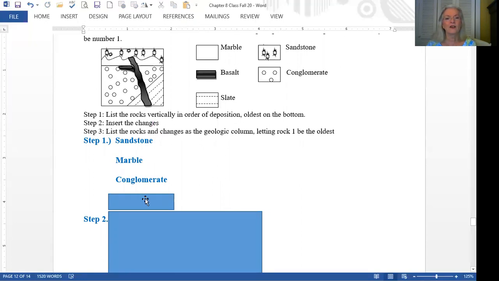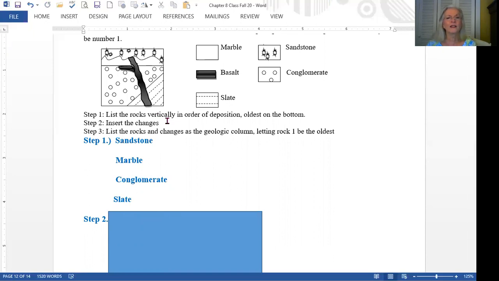The slate is our last rock layer. It is on the bottom. So we have our 1, 2, 3, 4 rocks, sandstone, marble, conglomerate, and slate. Oldest is on the bottom, youngest is on the top, which is why when you're doing your layers, you want to start at the top and work your way down. It's much easier.